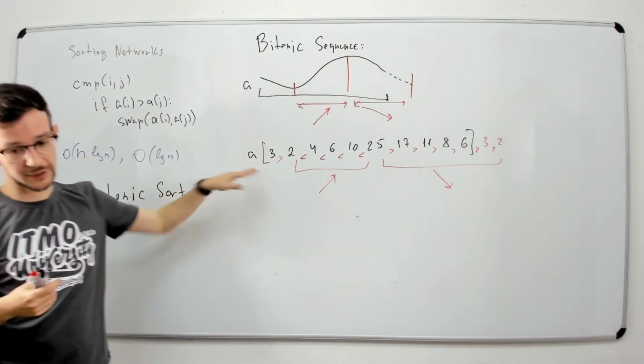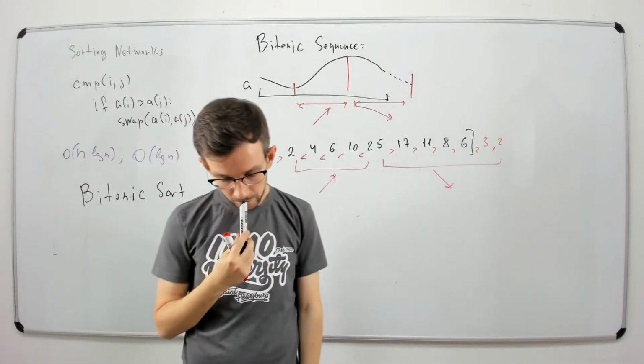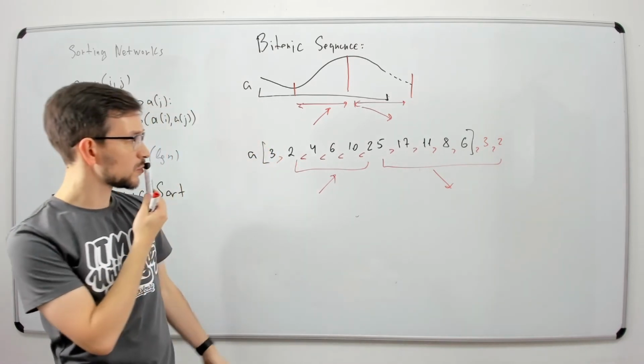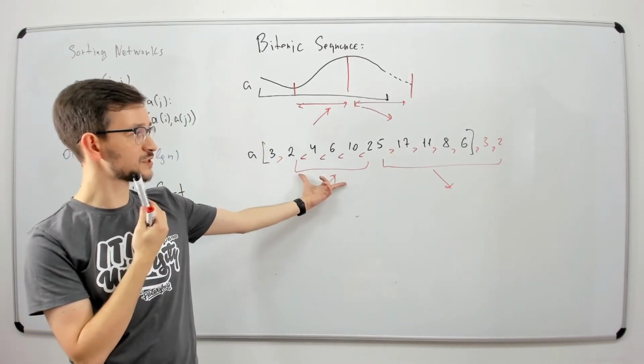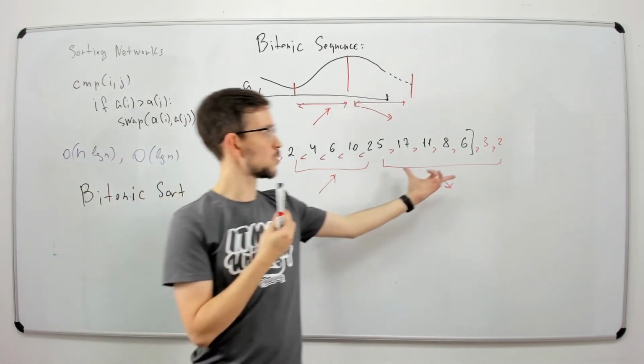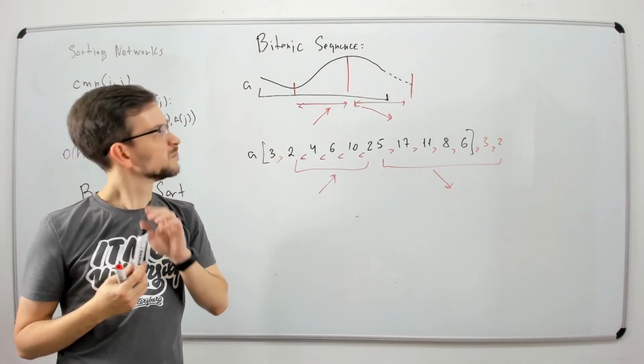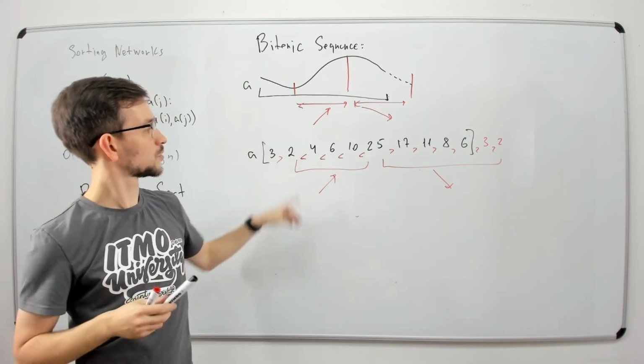So this is the Bitonic sequence. We should have only one increasing part and only one decreasing part. That's why it's Bitonic.